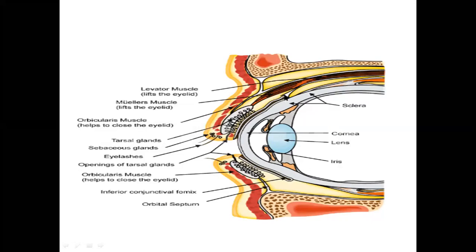The turning of the conjunctiva from the bulbar area towards the palpebral area is called the superior fornix, and then it comes and underlies the palpebral conjunctiva. This is a bulbar, this is a palpebral conjunctiva. So this is a conjunctival sac. When the eyes become closed, it lubricates the eyeball and the palpebral area.